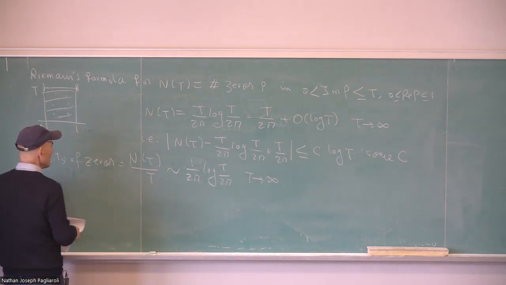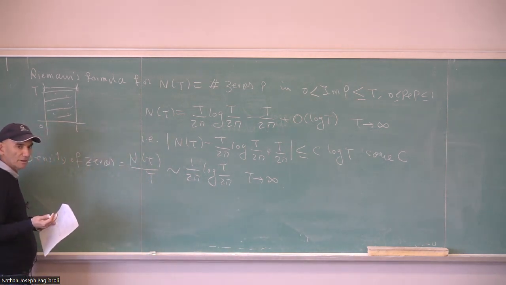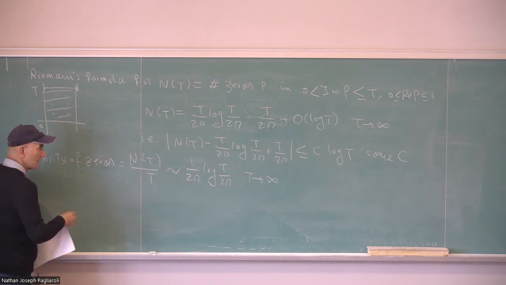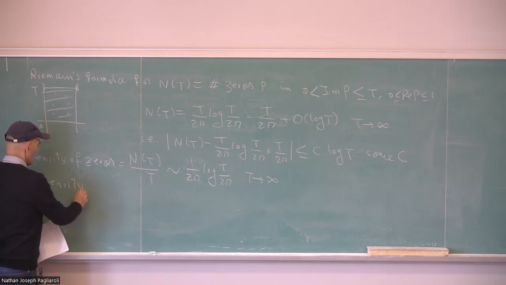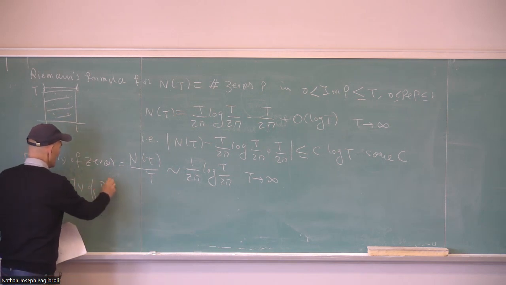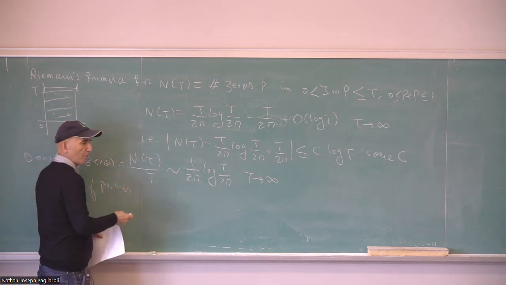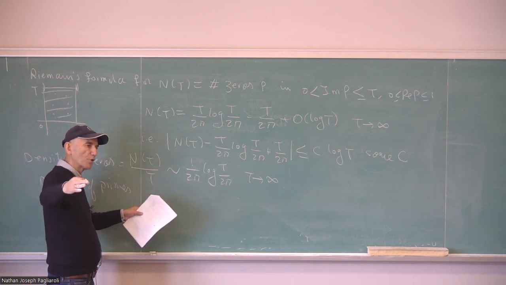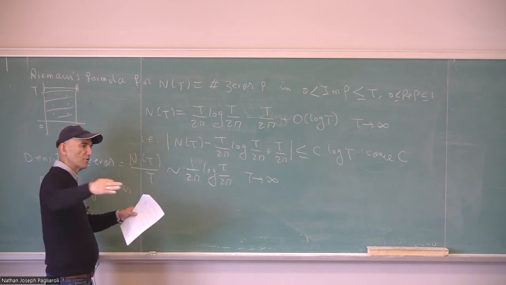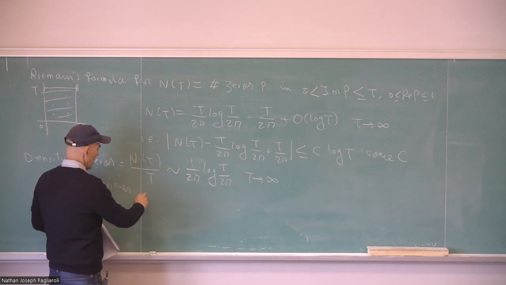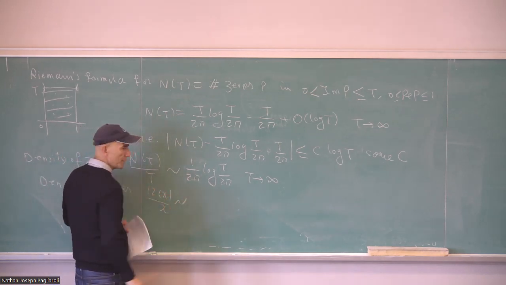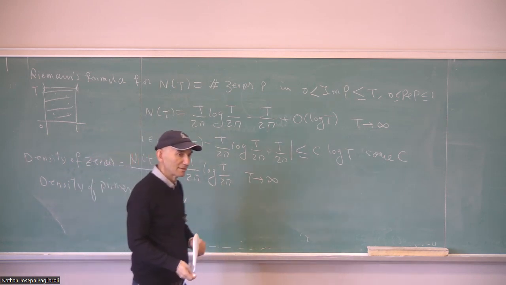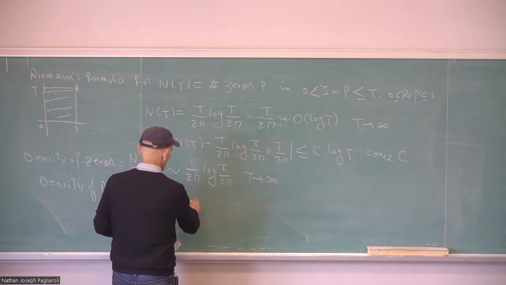And of course, you remember the density of primes, right? What was the density of primes? Basically, on average, how many primes exist in the interval 0 to x? That's what it is, like pi of x over x, and this is asymptotic to what? 1 over log x.